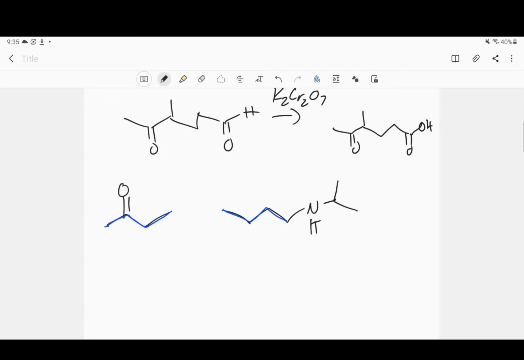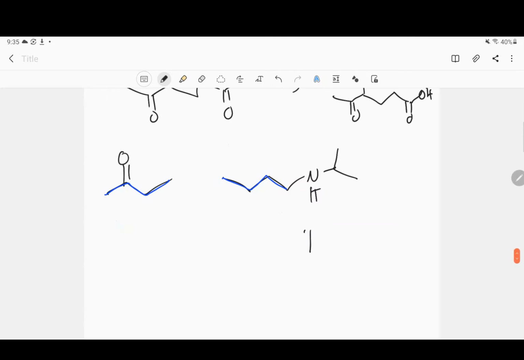We might be able to do that with NaBH3CN. If we take this amine, we can get the isopropyl group on there. That's not a problem, right?